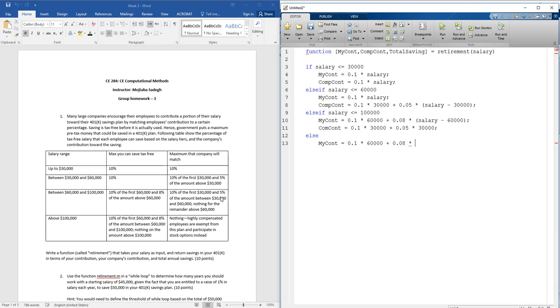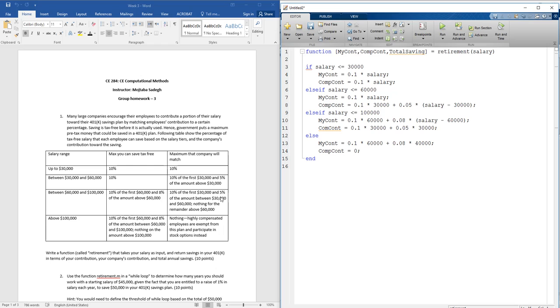That's $40,000 there, and then nothing above 100K. So that's 0 times whatever salary minus 100K. We don't have to put anything above that because that's nothing already. And then company's contribution is 0.